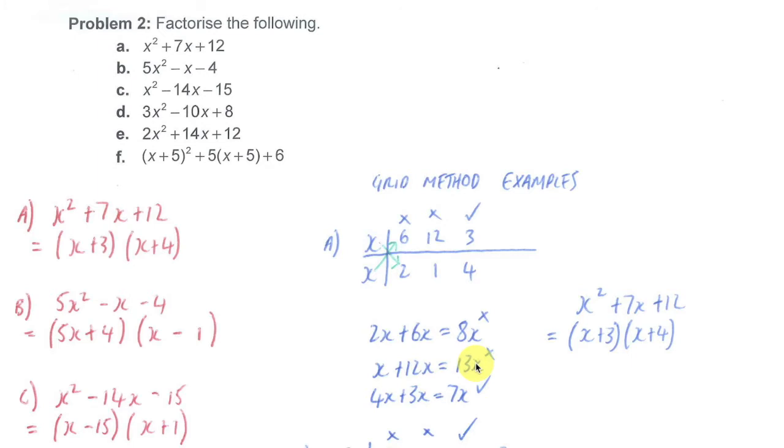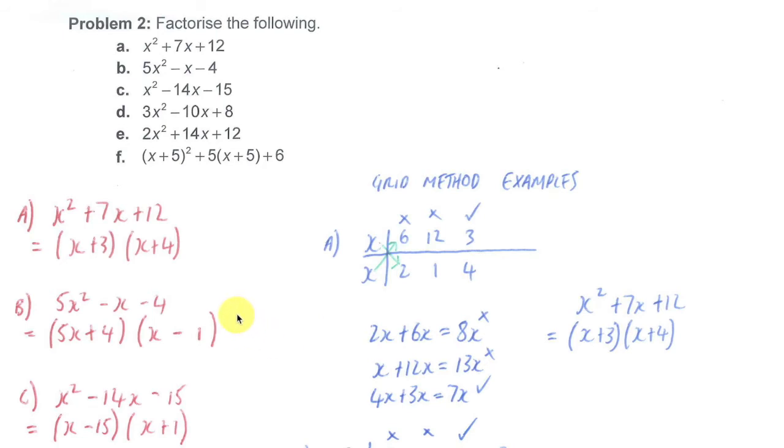That equals 13x. And that's not equal to 7x, so I know that that's no good. Then finally, x times 4 is 4x. X times 3 is 3x, and I get 7x. That is the middle term, so I know it's the right combination. So the way I'll write this down is it's x plus 3 in the first bracket, and it's x plus 4 in the second bracket. And you always read it that way.